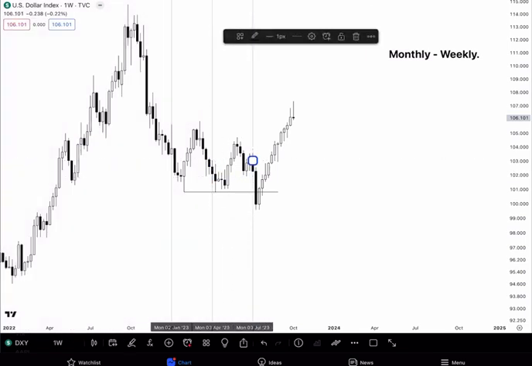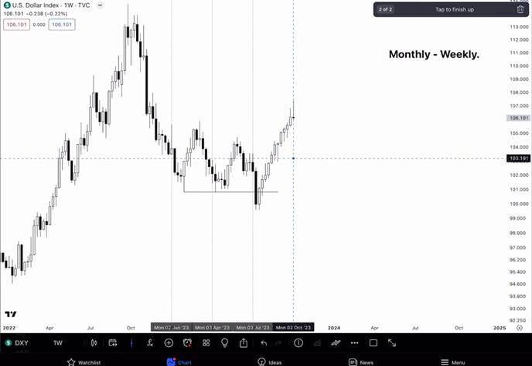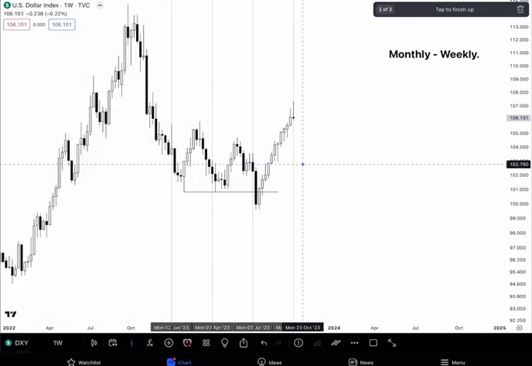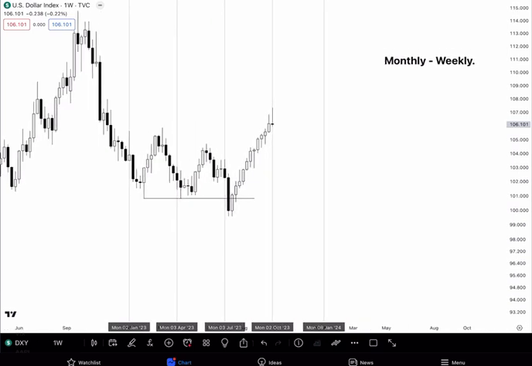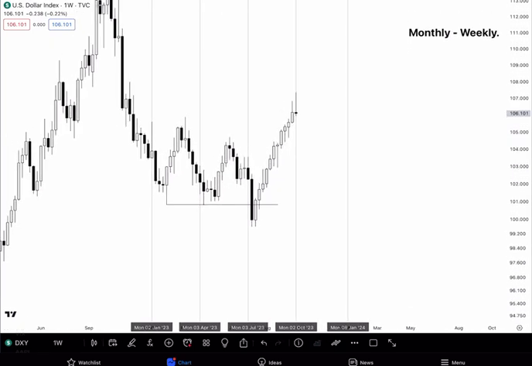And 1, 2, 3, right? Now, what happened here? What happened here is each quarter represents a candle, all right?